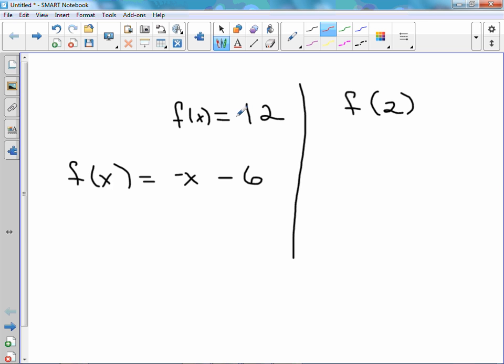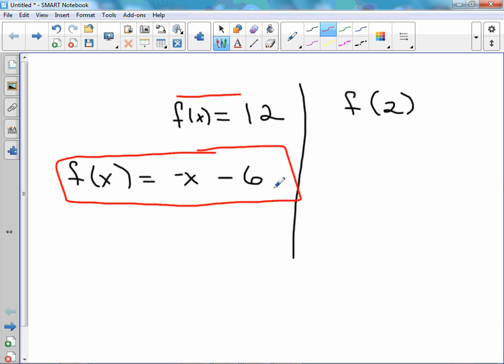On the test, you'll have a portion called free response, where you're given something to evaluate, and you're given f of x equals negative x minus 6.